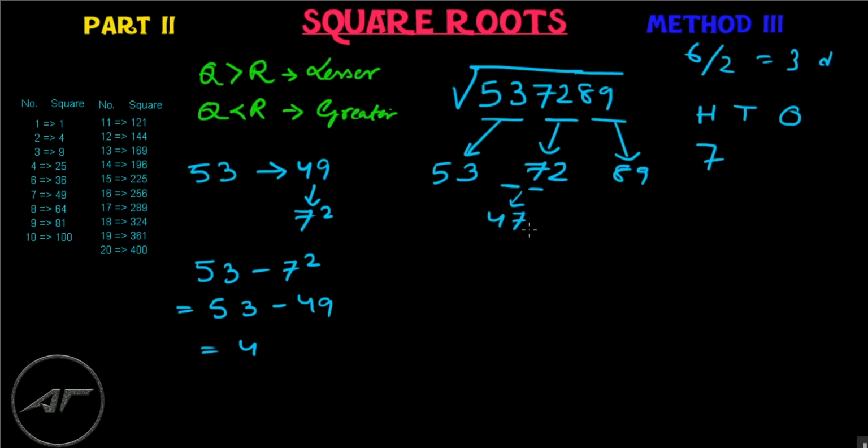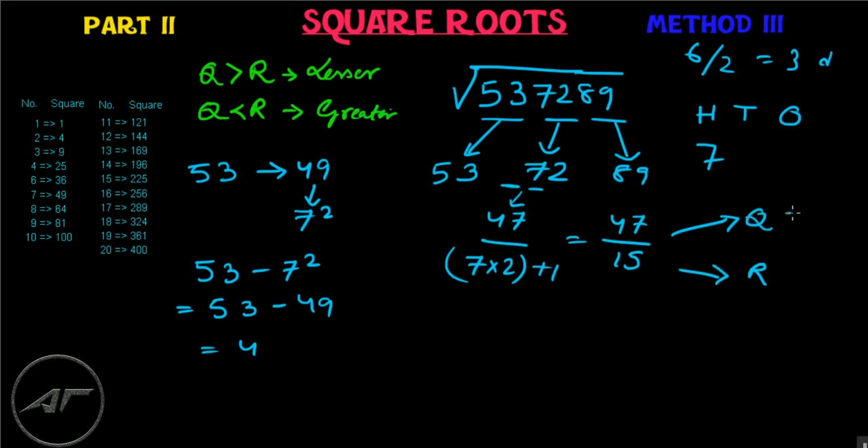We divide this number, 47, by the digit that we found at the hundreds place into 2 plus 1, which is going to be 47 by 15. It gives us a quotient and a remainder. Our quotient is 3 and our remainder is 2. As our quotient is 3, we place it directly in the tens place of the root.